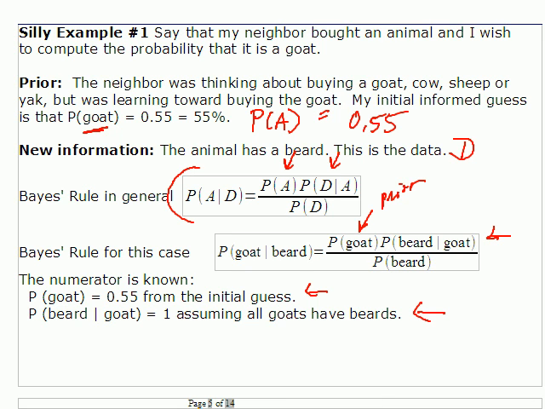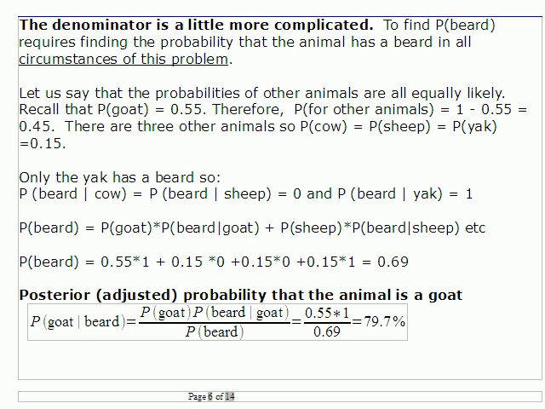Now let's look at the denominator. What the denominator means is that I have to find the probability that a beard would have occurred in this circumstance with these 4 animals. And the calculation looks like this.